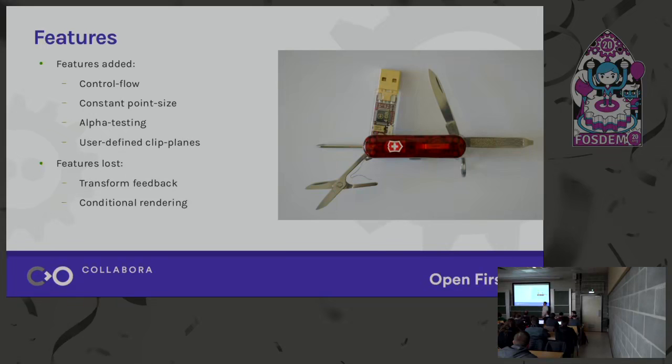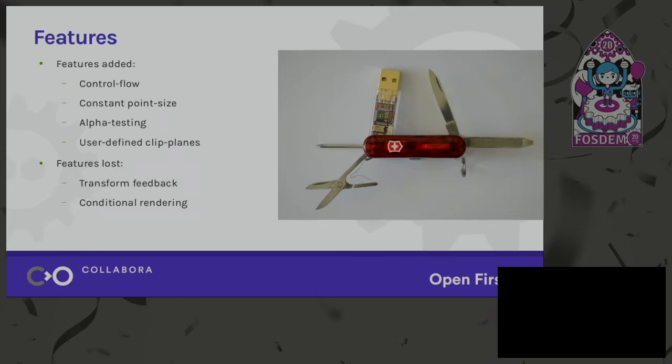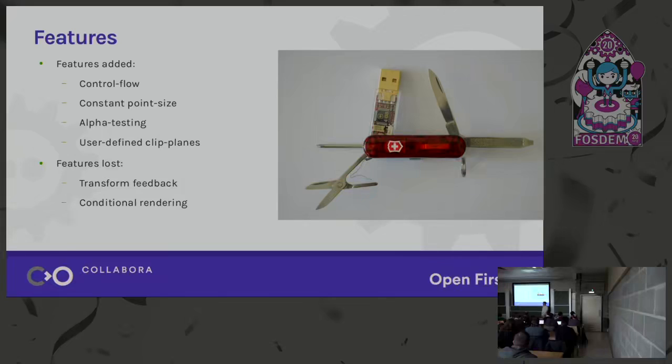We do alpha testing, transform feedback and conditional rendering support, because we re-engineered some of the way things are emitted, and somehow it worked, because the old thing kind of failed in a lot of cases.